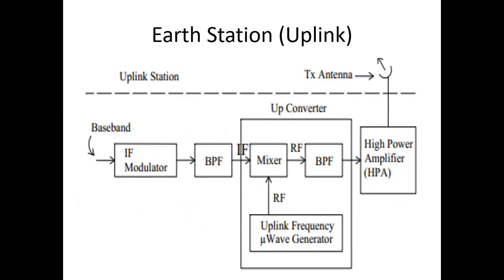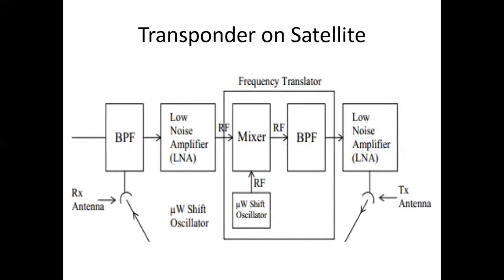Okay, so after you transmit from the earth station, we are here last time, you receive it at the satellite, and at the receiving circuit, you need a low noise amplifier. Okay, and in this example we have an analog processing.